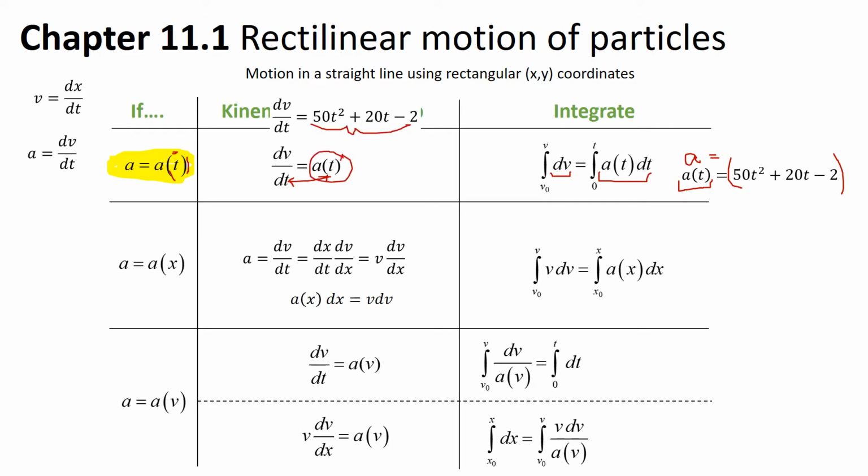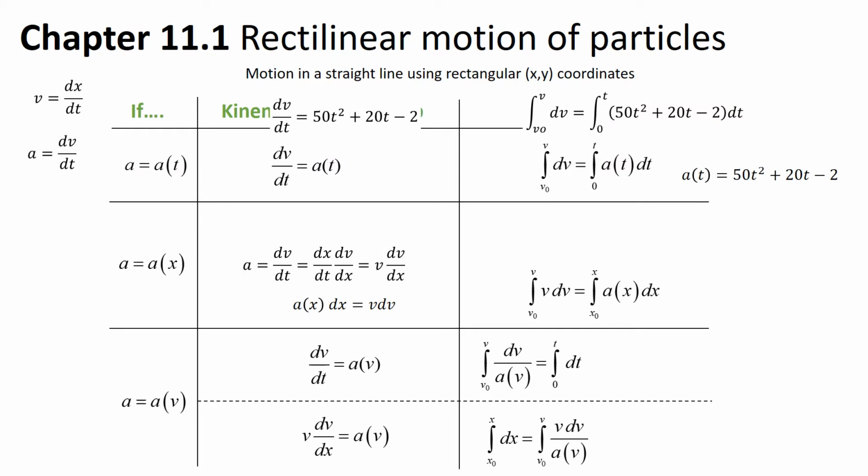We're grouping all of our times together. So instead of here, we have this whole equation that we're putting in here, and we're integrating it to find velocity's dependence on time if we know acceleration's dependence on time.